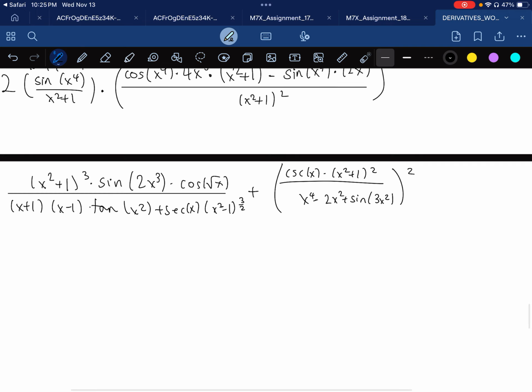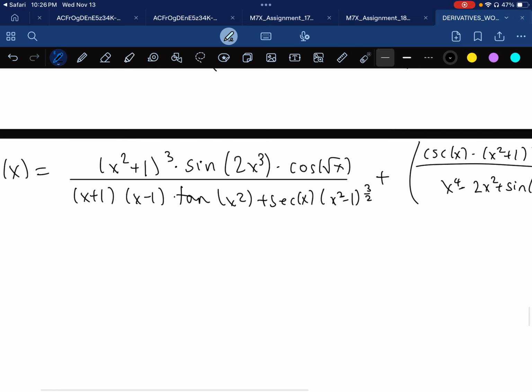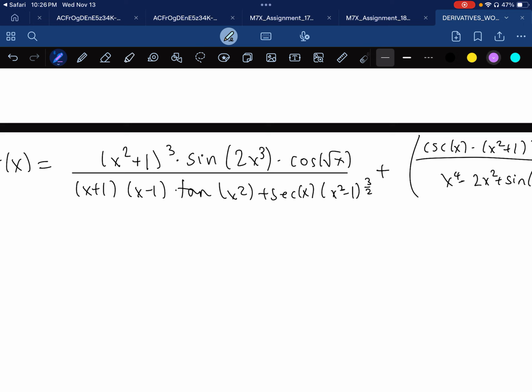In this case, before we do anything, we really want to be on the lookout for any type of algebra at all that we can do to simplify. And in this case, I'm going to do the following.